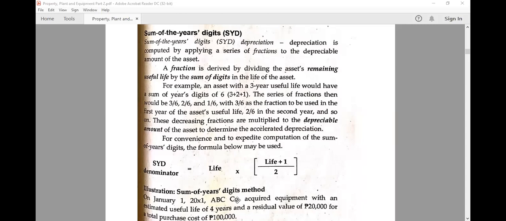So I'm going to give you 30 seconds if you are following. Let's say there is a useful life of 50 years for a building. How much would be the denominator? Let's check if you are listening in.